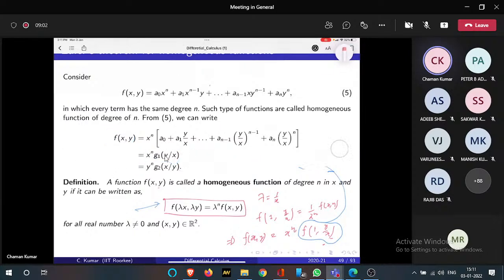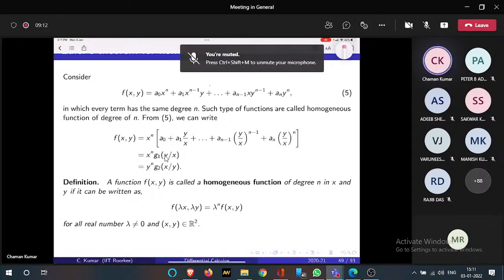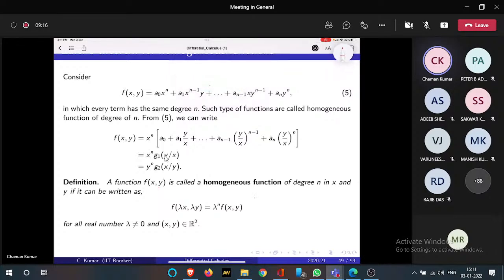Then similarly, if I take lambda is equal to 1 by y, then this will reduce to this form. So you can take this also as the definition.